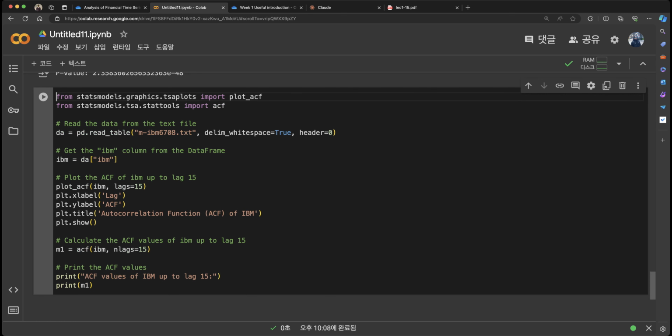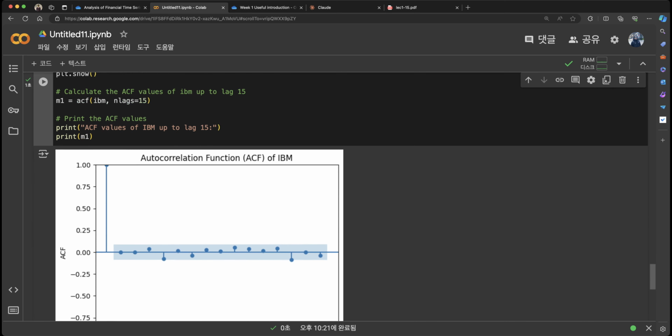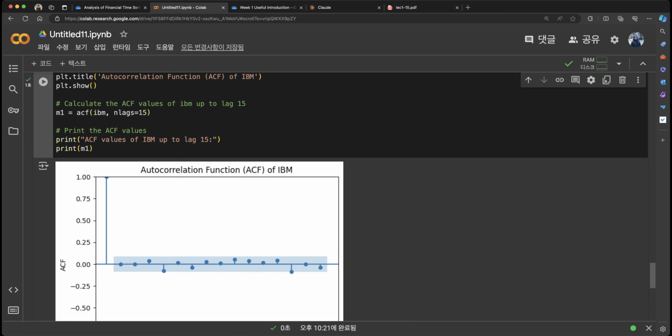Plot the autocorrelation function. They are all autocorrelations. The first one is itself, so it should be one, but the other autocorrelations are all very close to zero. The blue line is the significance range, and they are all below that. So in IBM, the autocorrelation is very close to zero.